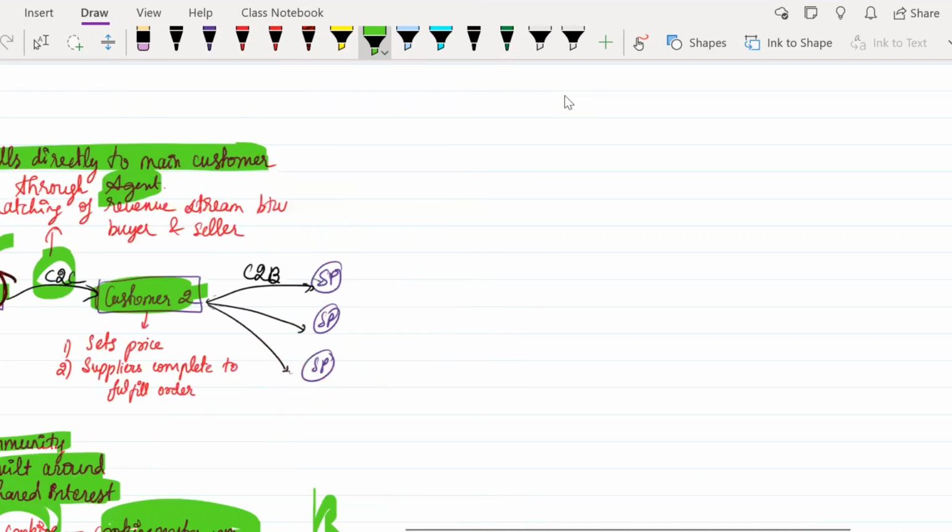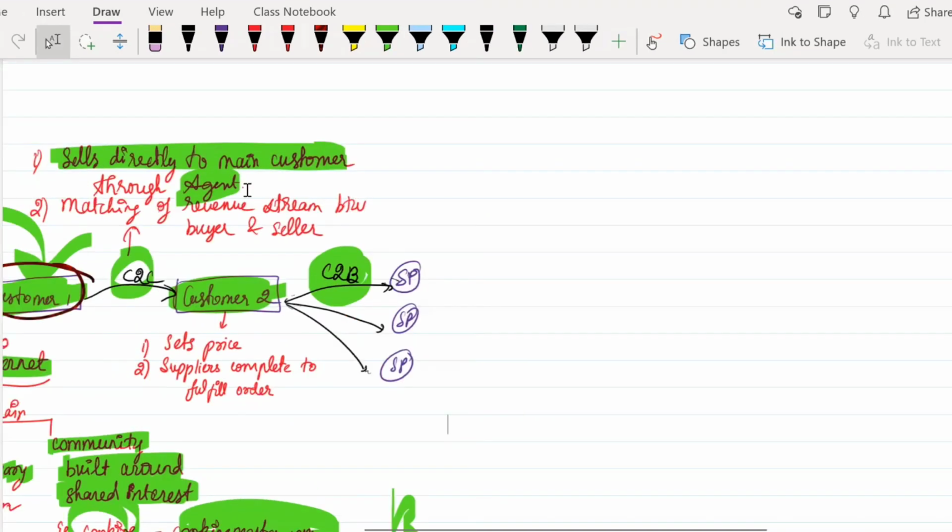Then next, another business model you have is C2B. C2B means customer to business.